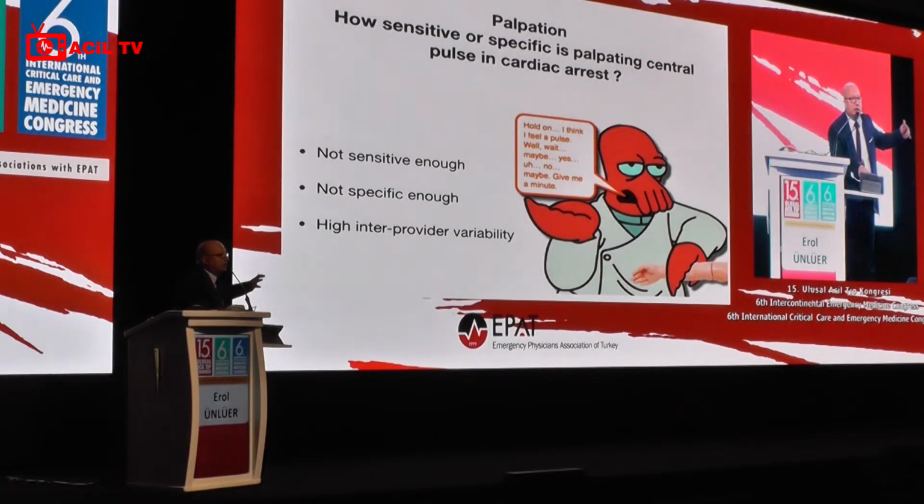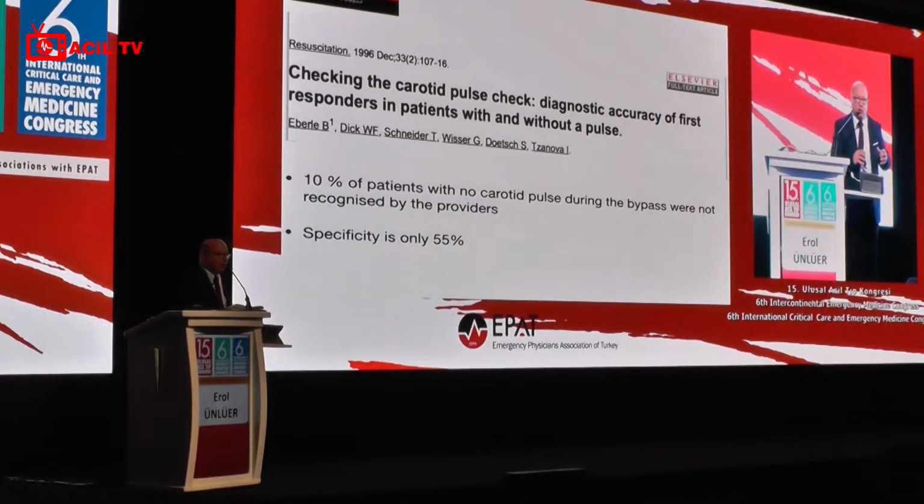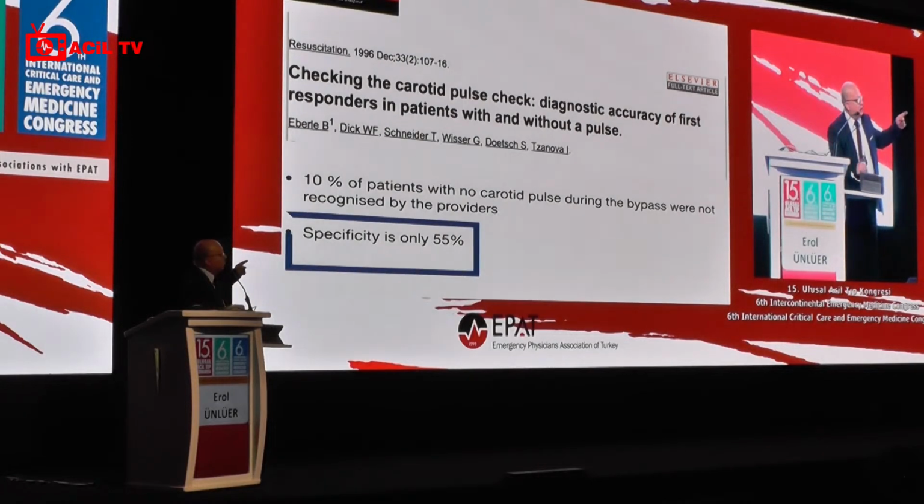From the literature, we see very low sensitivity and low specificity for pulse check and high inter-rater variability, low kappa values. The sensitivity of pulse check with our hands is very low, and even the specificity is lower than the sensitivity, up to 60%.